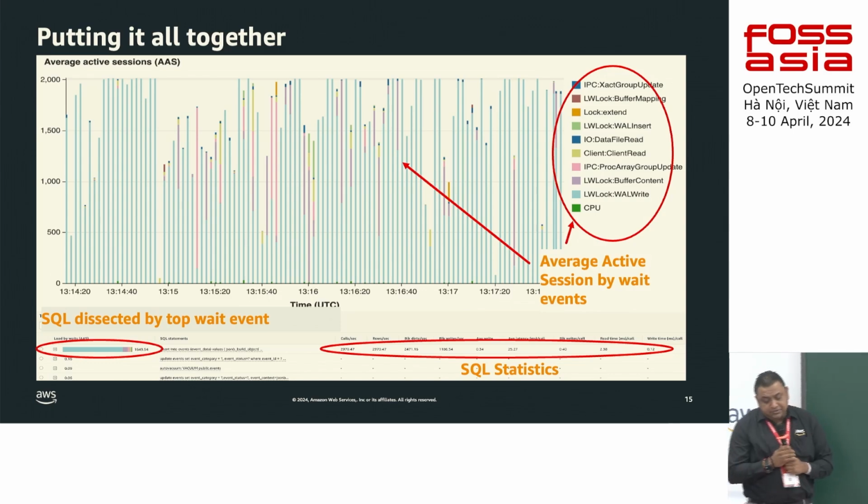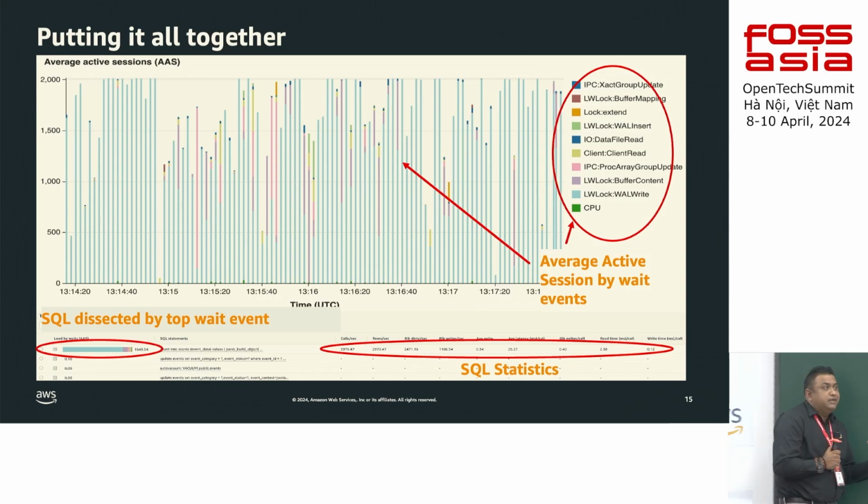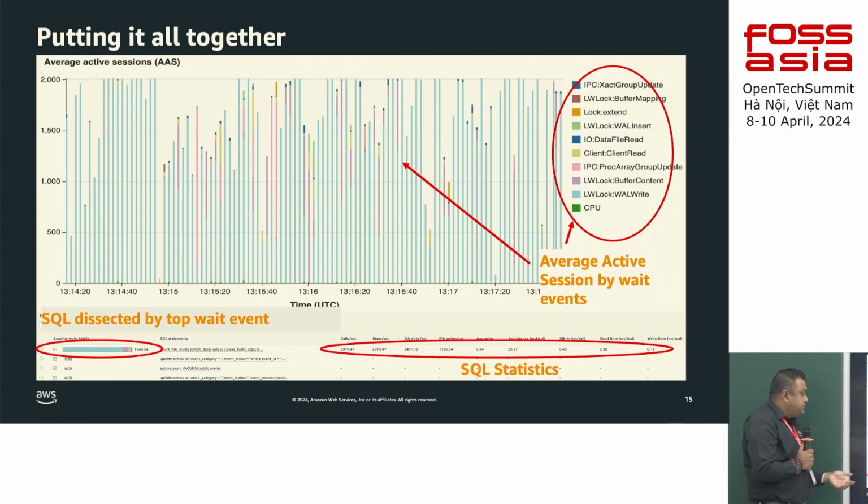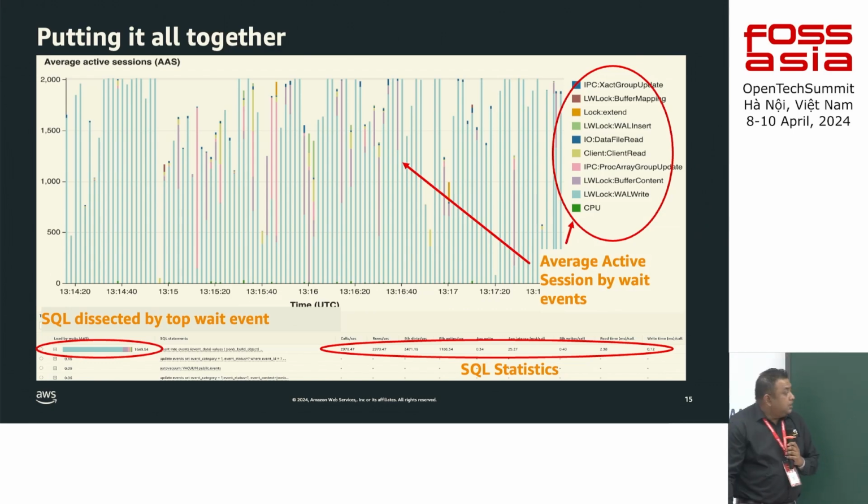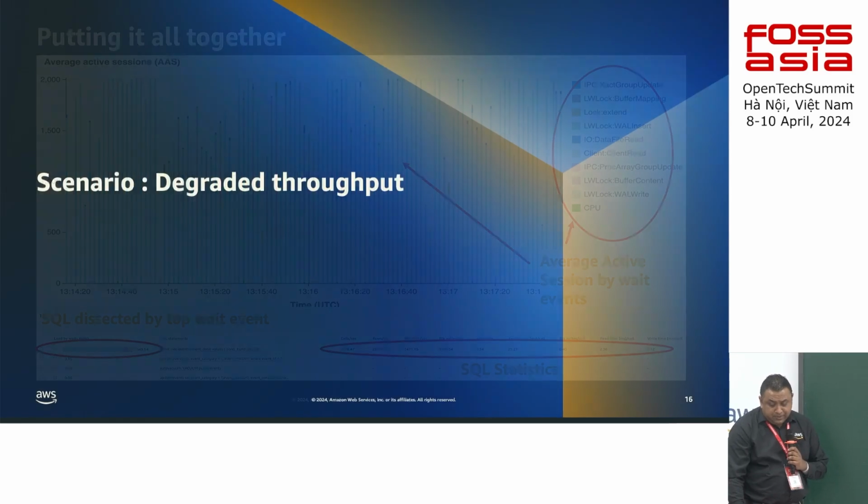It also allows us to correlate average activity with how many times a particular call is made as well, right? For example, if you look at this insert event, it tells us how many times that event led up to that particular event as well.